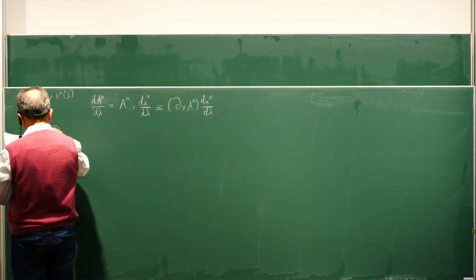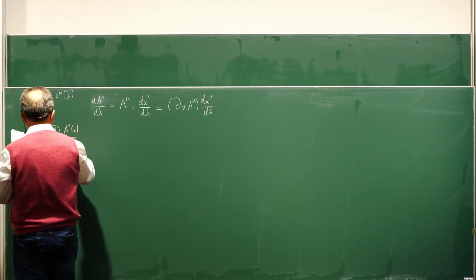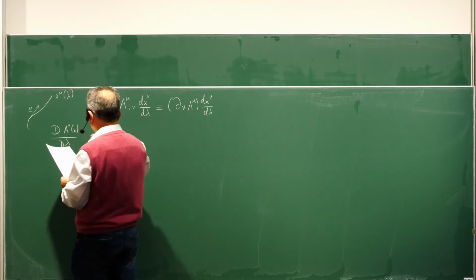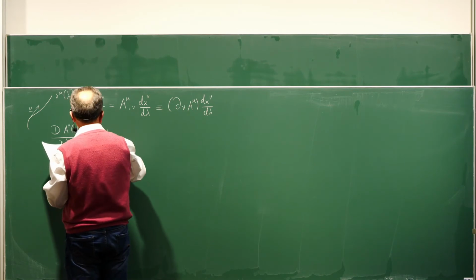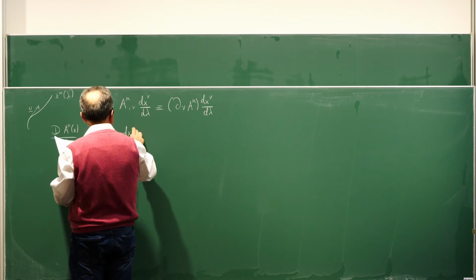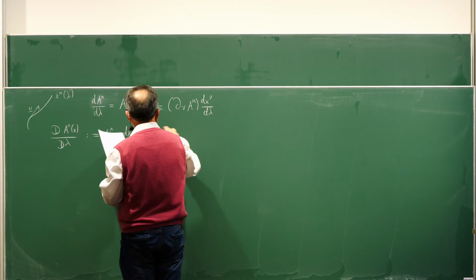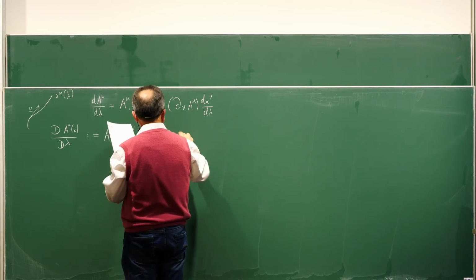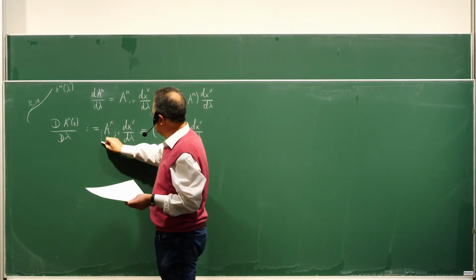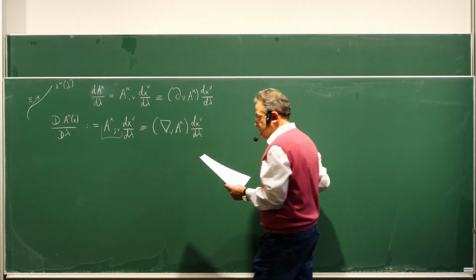And so I define a capital D A mu of x over d lambda. Sometimes here this is a small d, but it's always the same, which is defined as A mu semicolon nu dx nu over d lambda, or we have here then this other notation with the nabla. Now we can insert here our expression that we have found for the covariant derivative.